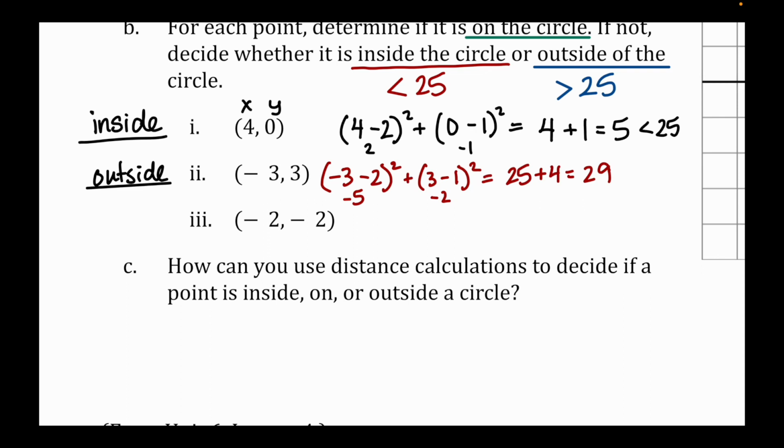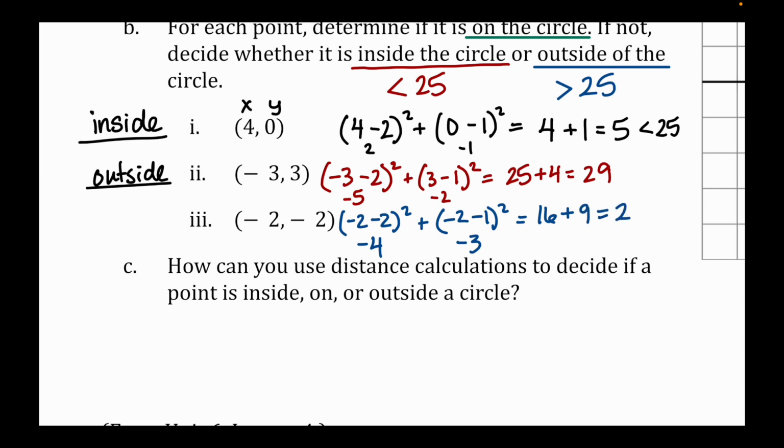And then the last one, I'll just do this one in blue. We're going to have negative 2 minus 2 squared plus negative 2 minus 1 squared. This is going to give me negative 4, and I'm going to square that, and then negative 3. So negative 4 squared is positive 16, and negative 3 squared is positive 9.